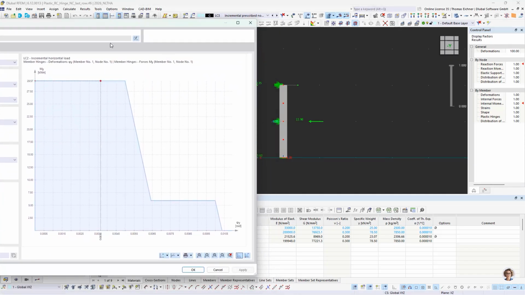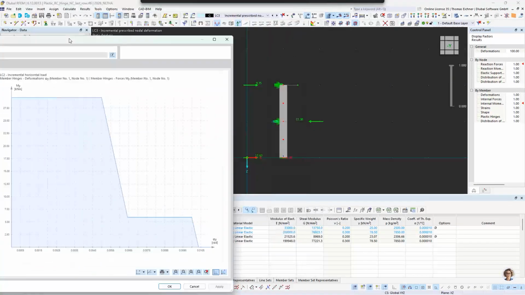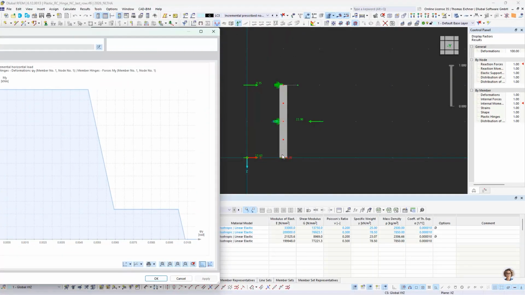This one is the force controlled one, but it's also working because I have a nice system for it. Here at the bottom there's the hinge. We also have two supports here, so it will be stable even though it goes further than this point. That's how our solver would say it's going to be unstable.